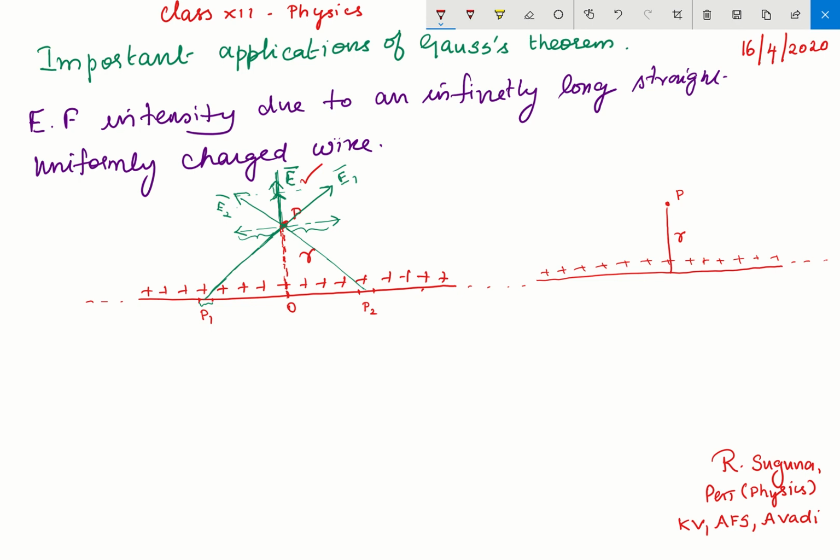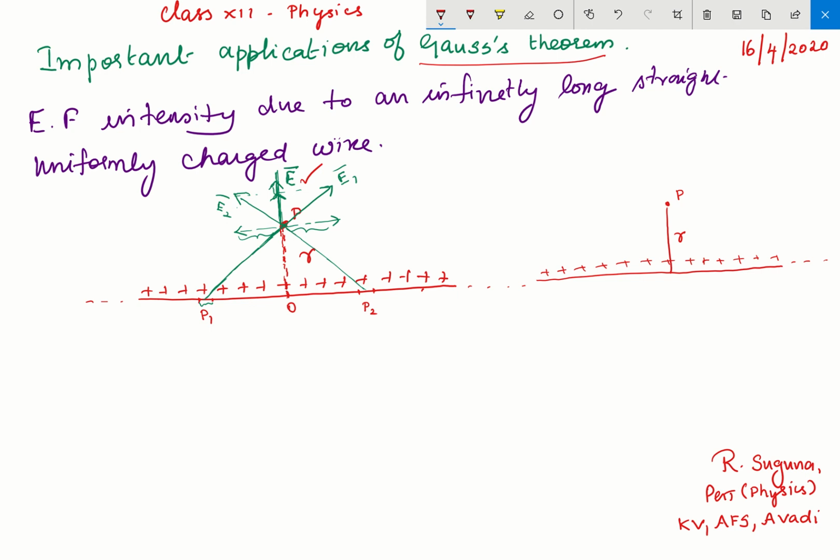It is the surface integral of the electric field, or the electric flux, over a closed surface in vacuum, equal to 1 by epsilon naught times the total charge enclosed within the surface. So if I have to apply Gauss theorem, I need a Gaussian surface.